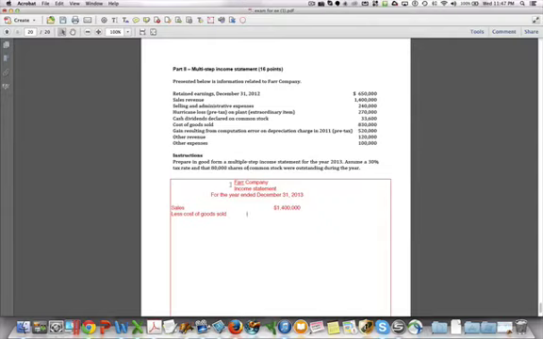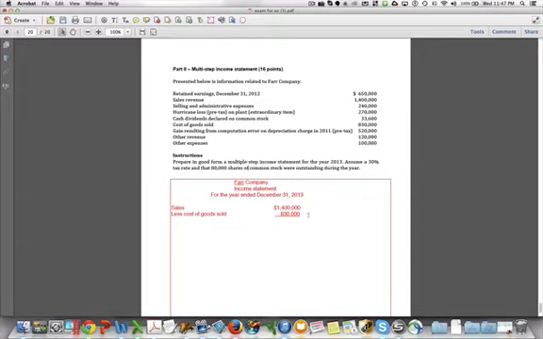And that cost of goods sold is going to be the 830,000. Since we show the word less over here, we do not put it in parentheses. You do one or the other, but not both.